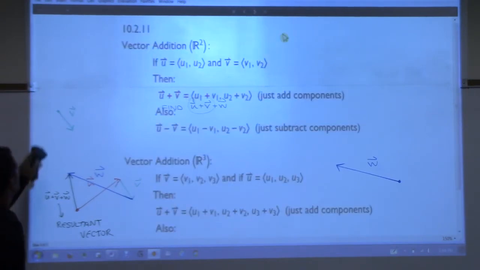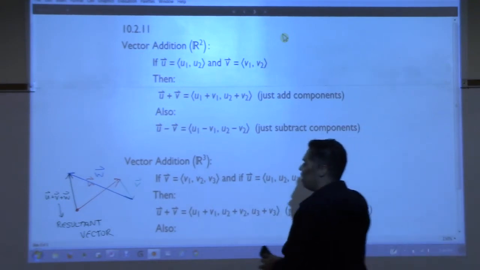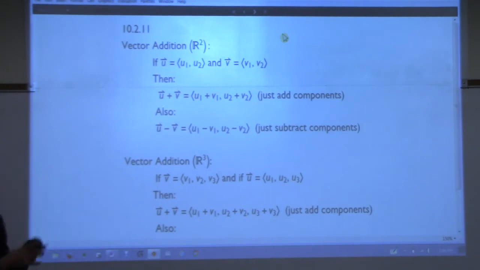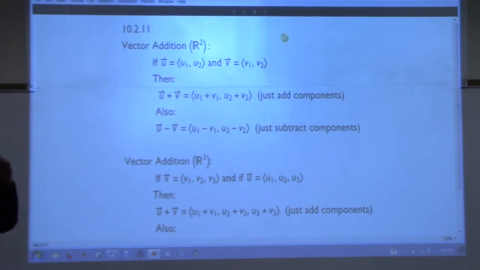All right, vector addition. We know how to do vector addition geometrically, visually, right? Visually, I showed you how we add: tip to tail, tail to tip, however you want to look at it. But algebraically, mechanically, how do we add two vectors together?